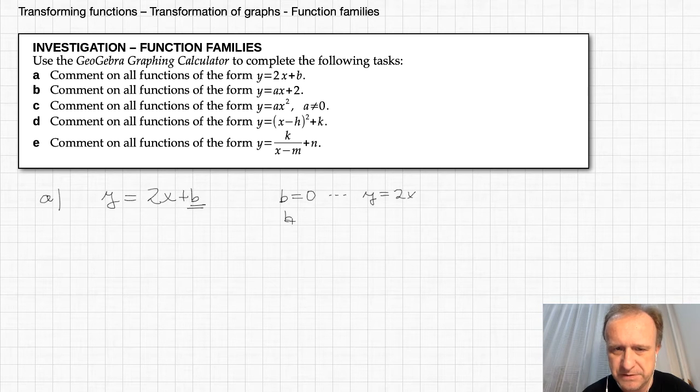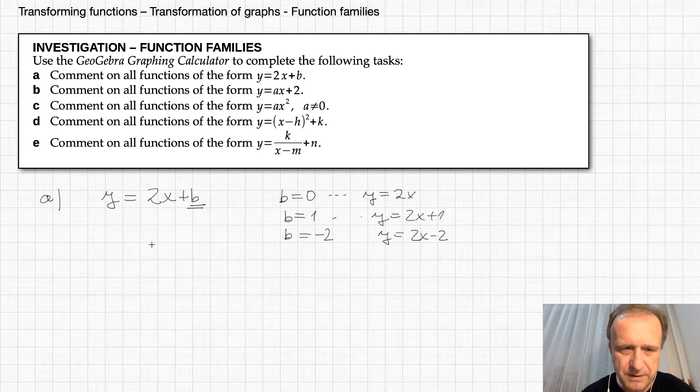If b is, say, 1, it would be y equals 2x plus 1. If b was negative, for example, minus 2, it would be y equals 2x minus 2. Okay, so many functions of this form, they form a family of functions.